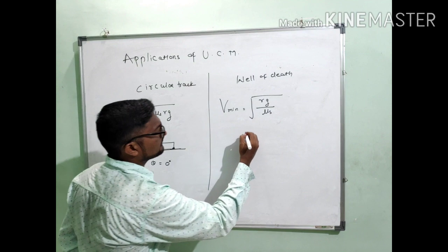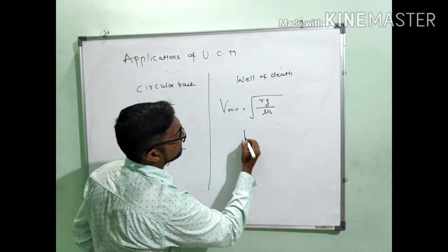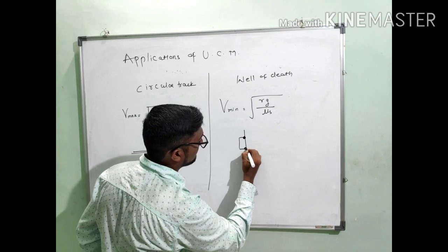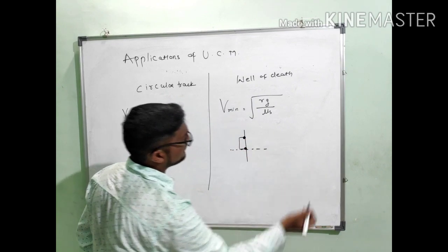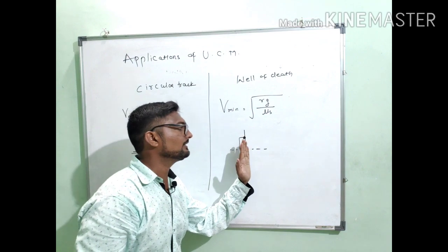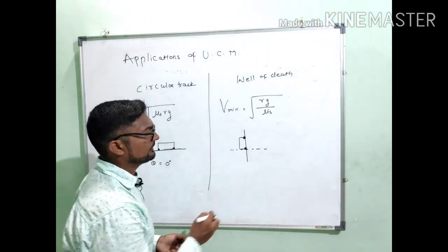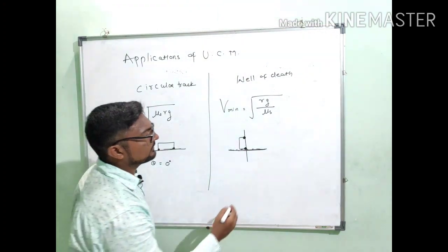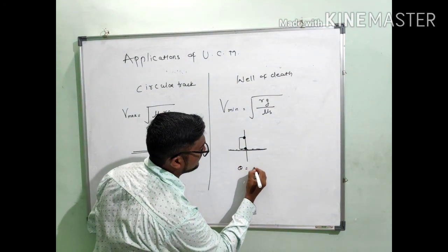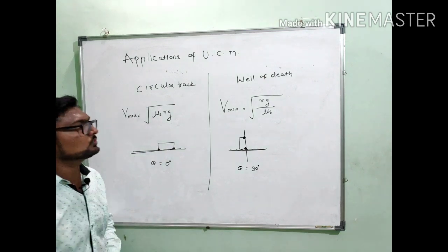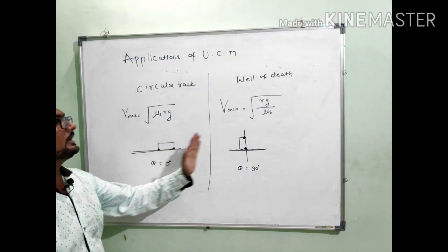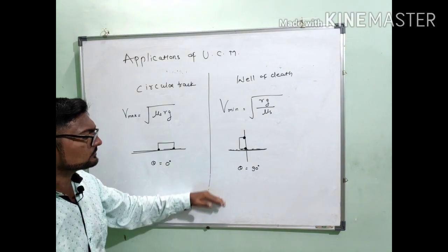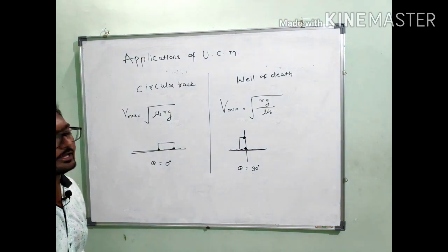Here the car is making an angle of 90 degree with the horizontal, so theta over here is 90 degree. So we can calculate the minimum and maximum speed of this car depending on which angle we have taken.